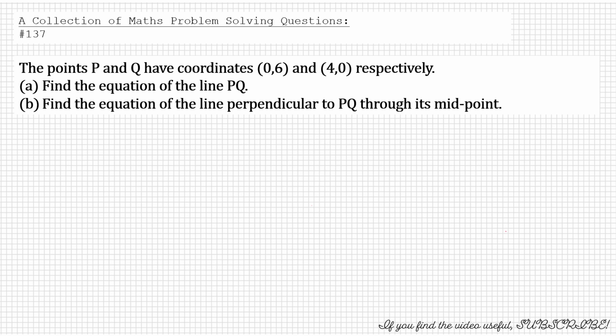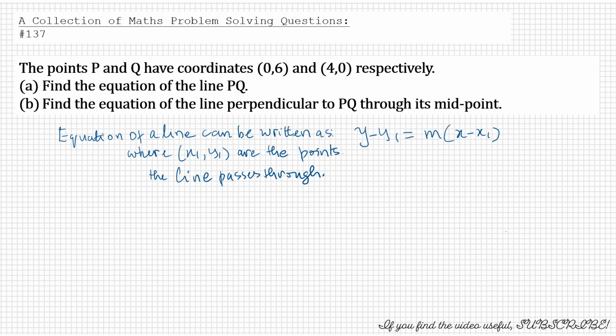So we've been given two points P and Q, and we have to find the equation of the line PQ first. The equation of a line can be written in the standard format: y minus y1 equals m times x minus x1, where m is the slope, and x1, y1 is a point through which the line passes.